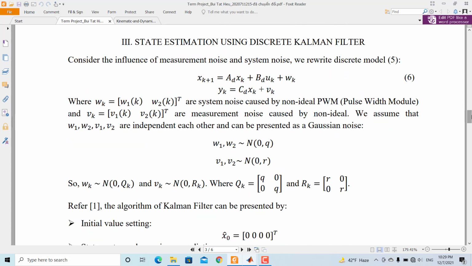And now we need to consider the influence of measurement noise and system noise. We add noise into the discrete model, and the noise can be represented as Gaussian noise.